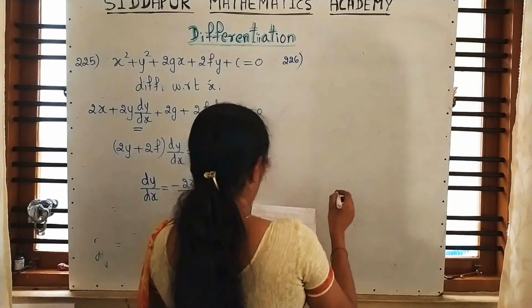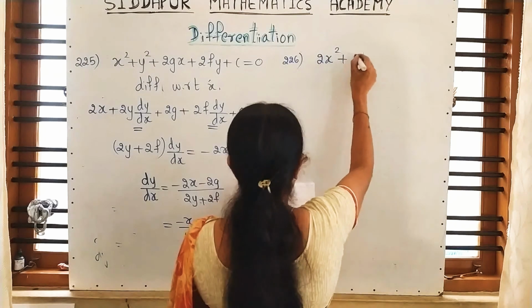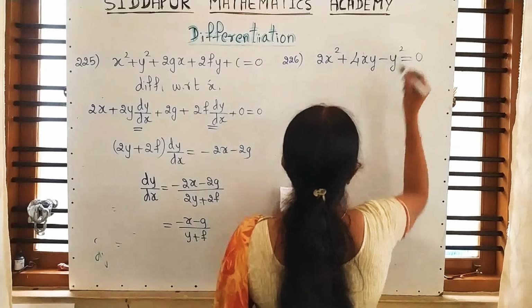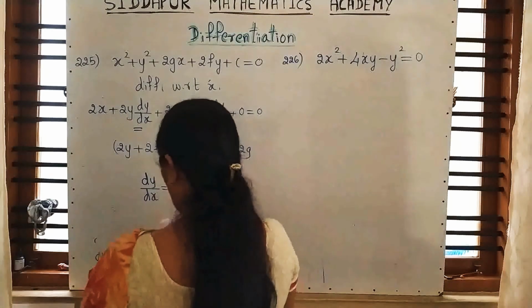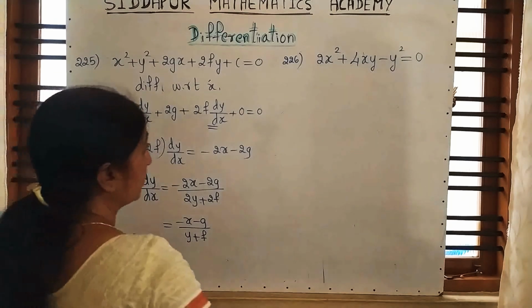Next, question number 226. 2x² + 4xy − y² = 0. Now you are familiar. Now you are solving along with me, correct?